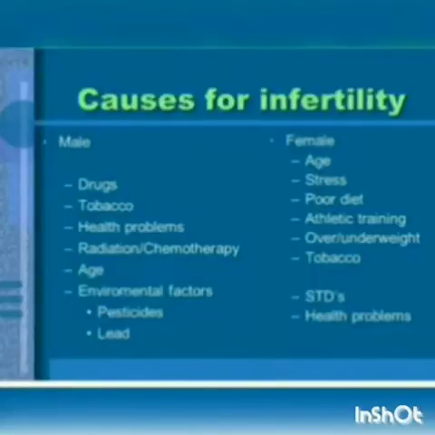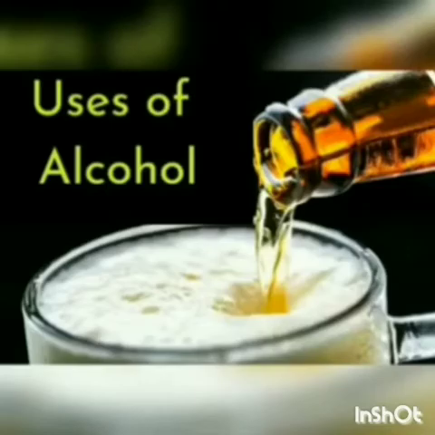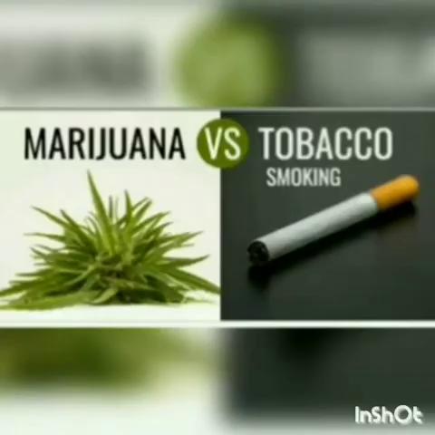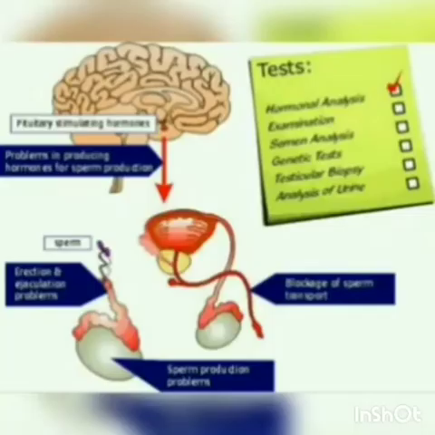Long-term stress also damages the menstrual cycle, which will affect fertility. Ingestion of toxins, that means heavy metal, cadmium, and heavy use of alcohol, tobacco, and marijuana, injuries to the gonads, and also aging, which is the main cause for infertility.